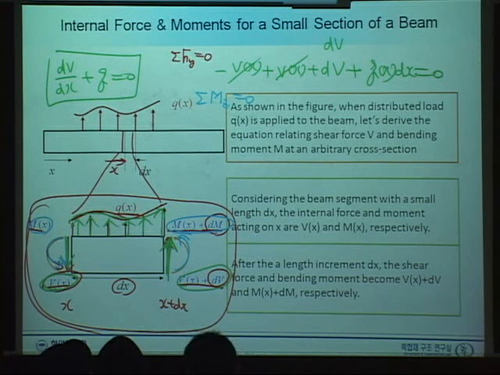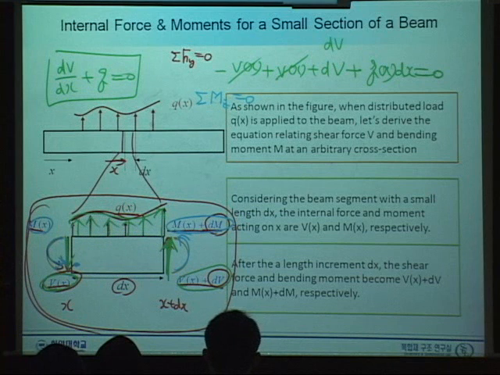Well, when we consider moment, we always need to choose one point, a point with respect to which we calculate the moment. So let's say we choose this point. You may choose any point.